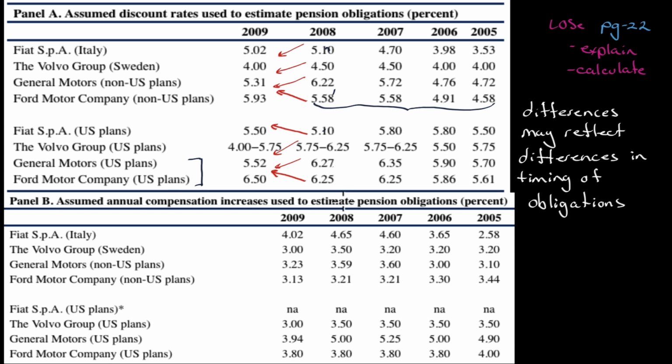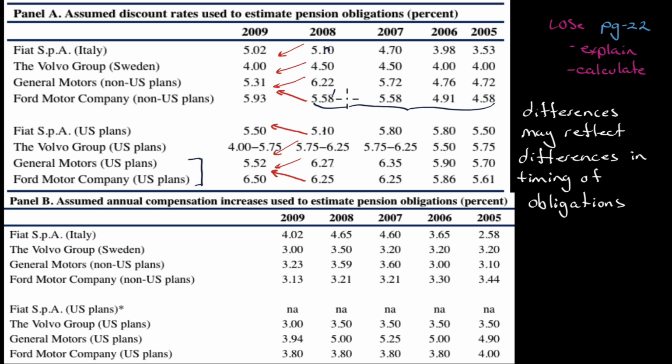Very good reasons. One of the ones up here, if we're looking at the discount rate, one of the assumptions could be that the differences reflect differences in the timing of obligations. The discount rate, remember, is tied to an investment-grade corporate bond. But typically you would match the tenor of the bond with the tenor of the liability.